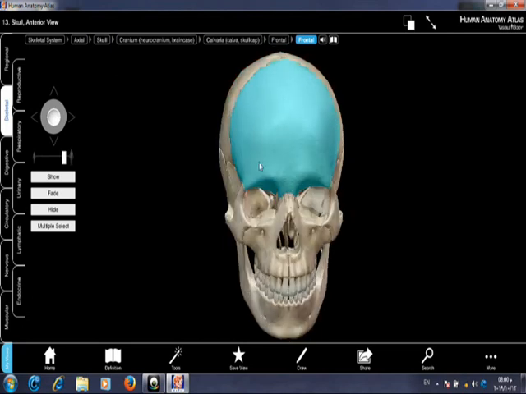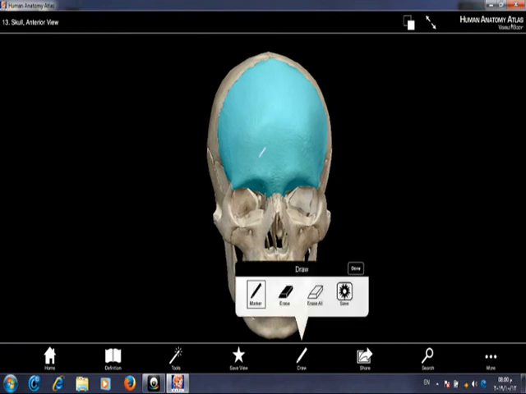Found in it are, number one, the eyebrow, also the forehead, also part of the human hair.